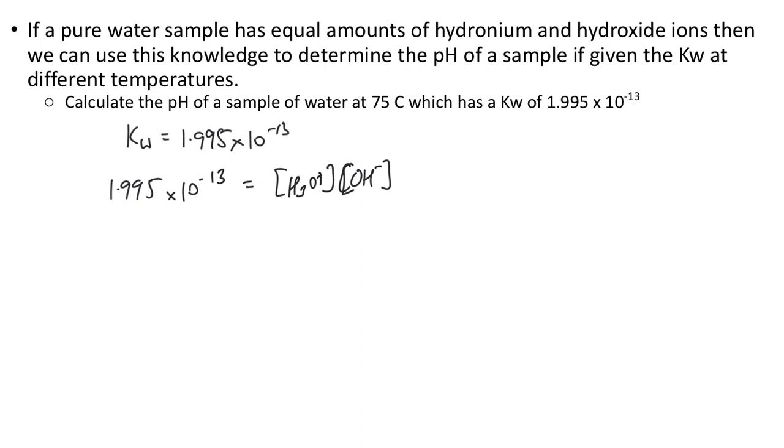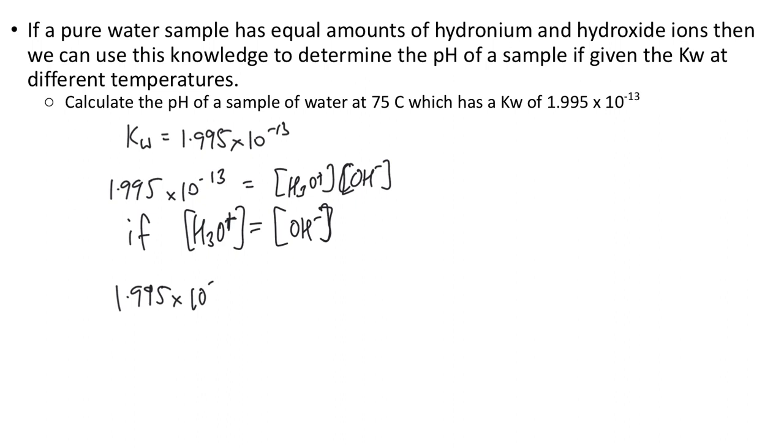Now, remembering, if the H3O plus concentration is equal to the concentration of OH minus, since they're going to be the same, you can say that they are the exact same thing. So 1.995 times 10 to the negative 13 is equal to the concentration of H3O plus squared, because you're going to multiply it by itself. Or you can just write x squared. So x being the concentration of either the H3O plus or the OH minus.